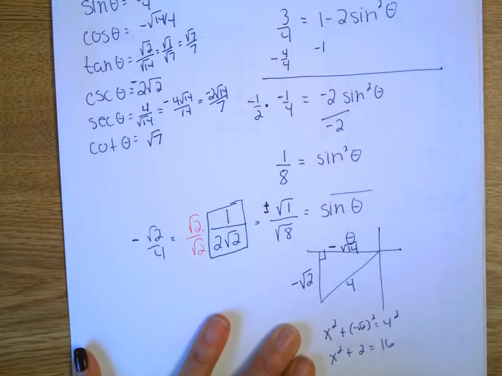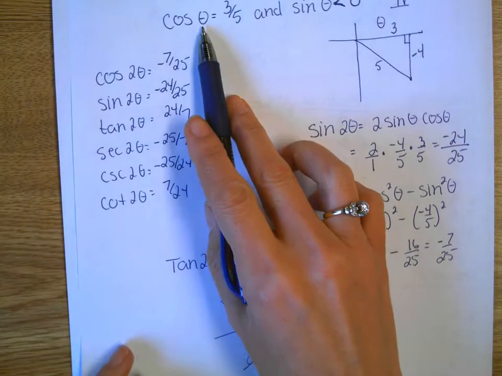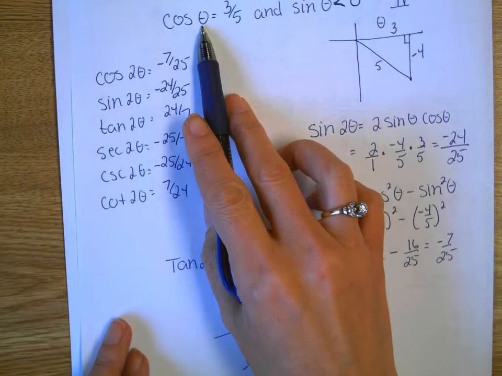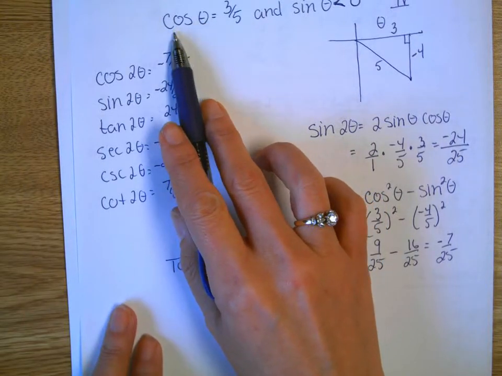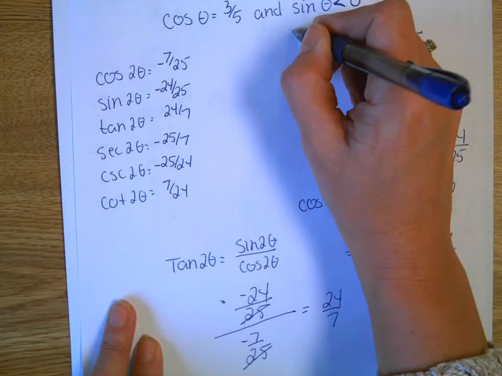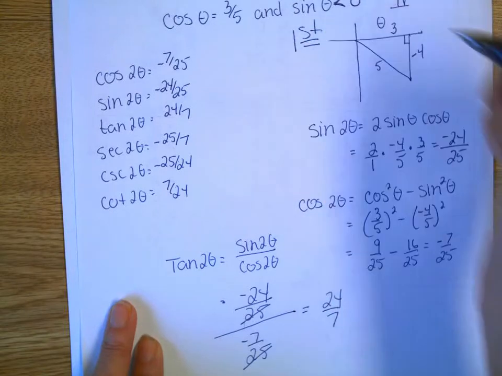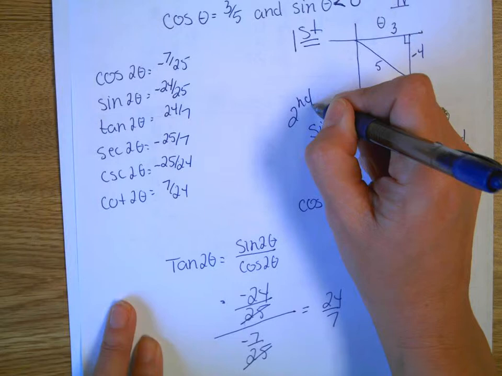I do want to point out the difference. If you start out with theta, you sketch a triangle first, then use your identities.